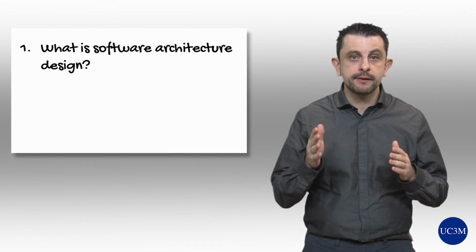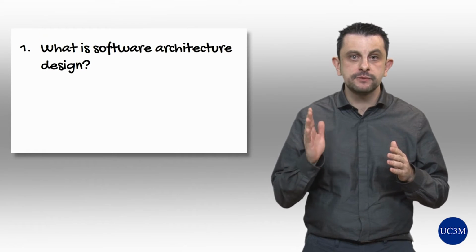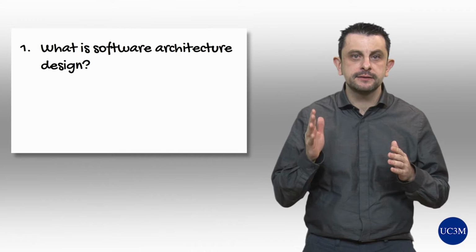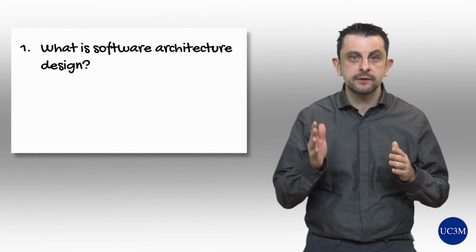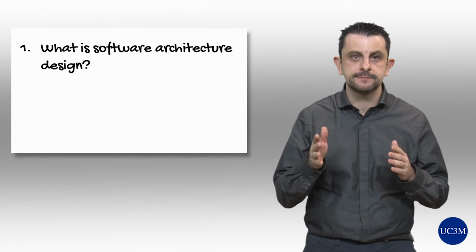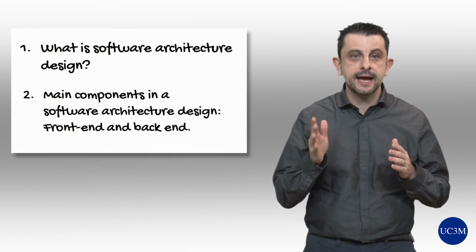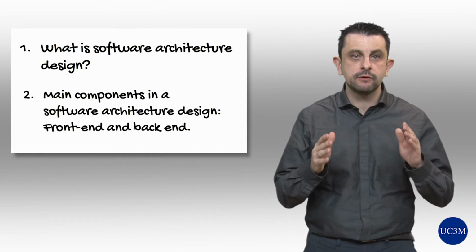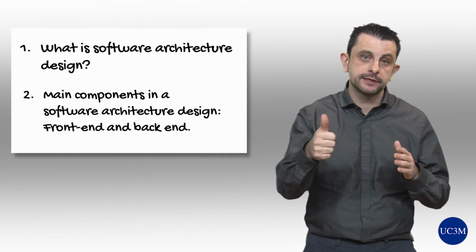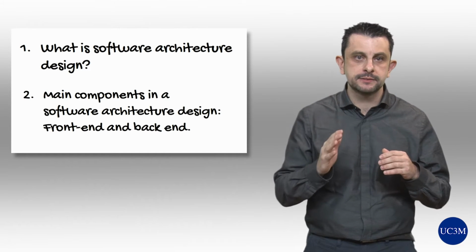In this video, we have seen that the main purpose of software design is to define and specify the architecture of components required to satisfy user needs. We have also discussed the two main parts of a software architecture, front-end and back-end elements.